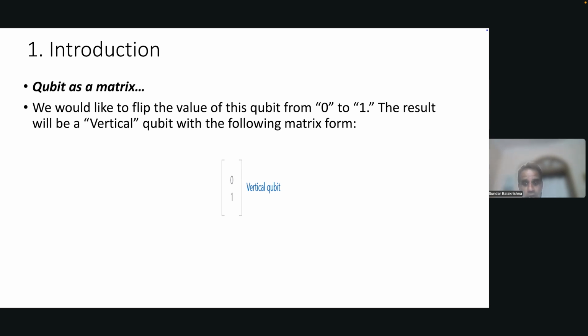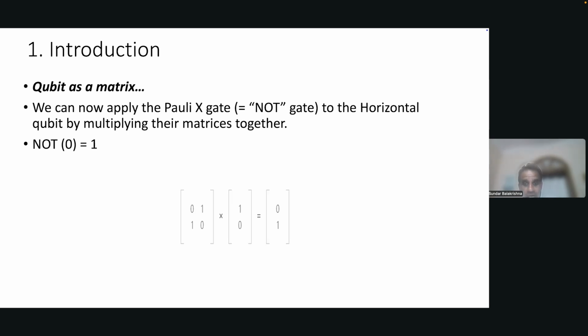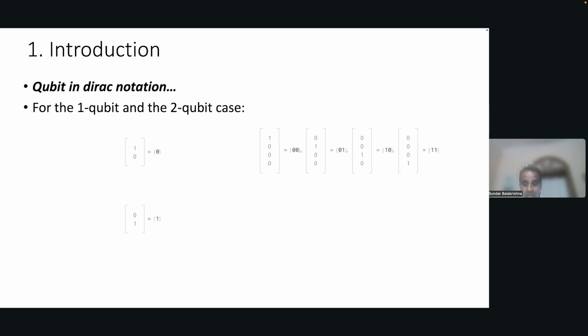This happens in a 1 qubit computer. If you have to flip the bit from 0 to 1, we have to go through a process called applying the Pauli X gate, or the NOT gate, where you multiply the Pauli X gate with 1 to make it a 0.